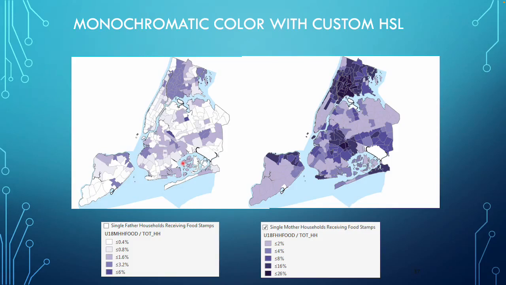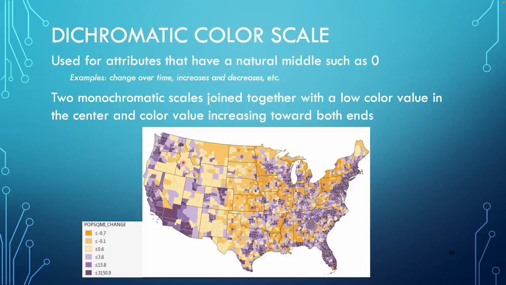All right. So monochromatic color schemes generally are preferred if you have one variable. You don't have to, but it kind of works, because you can contrast that then with a dichromatic color scale where you're working with two different colors. This is very useful when you have a middle value of something like 0, where there's no difference or no change.